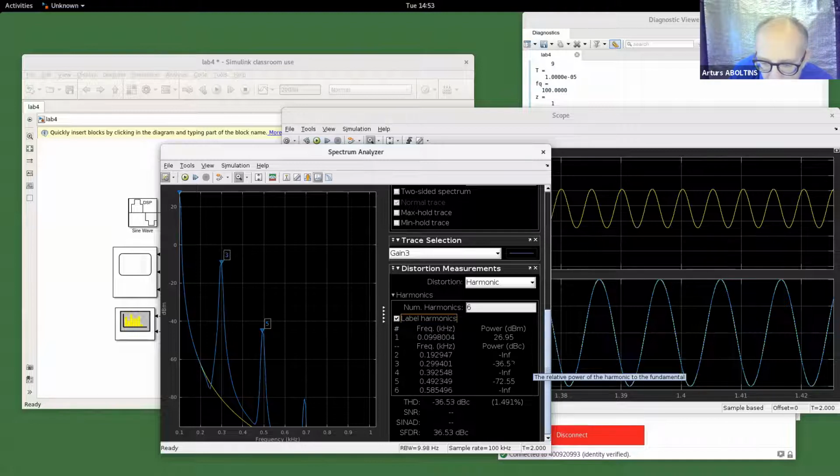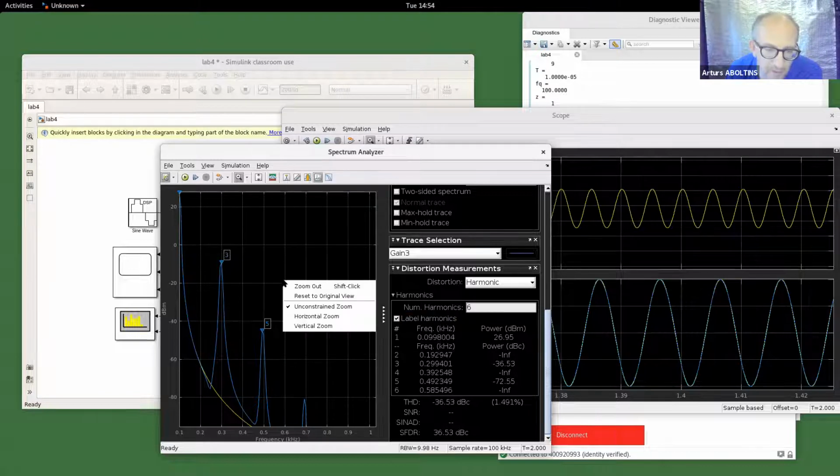But this is maybe relative to this. It looks like, yes, relative to this +26, it's -36, like -10. Yes, really. Okay, that means this third harmonic is -36 dBs compared to the first harmonic.